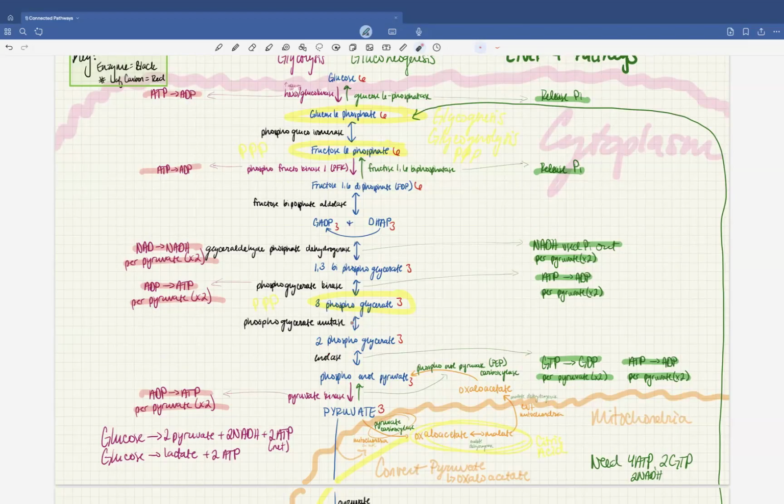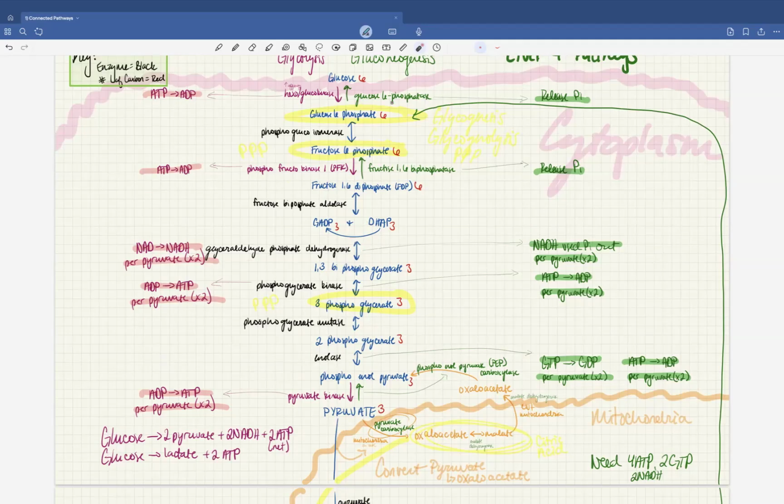And then the step is the same, other than the fact that instead of generating energy, we'll be using an energy molecule in the form of ATP for every pyruvate molecule. Same thing for this step. It's going to be performed by the same enzyme, except instead of generating energy, we'll be using energy. And that'll be, again, for each pyruvate molecule, so times 2.